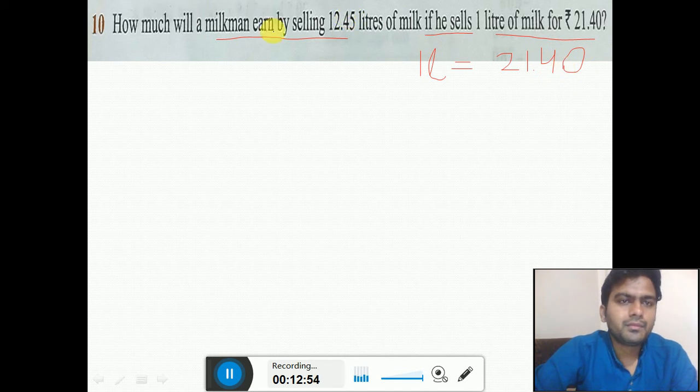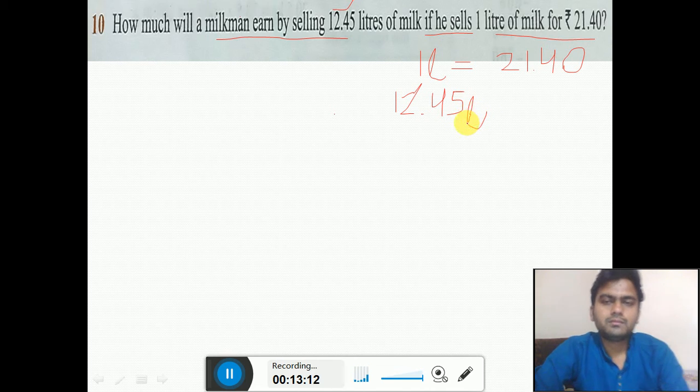Now how much does the milkman earn by selling 12.45 liters of milk?